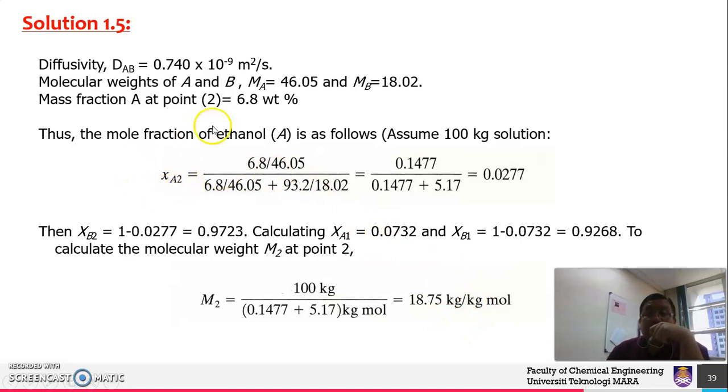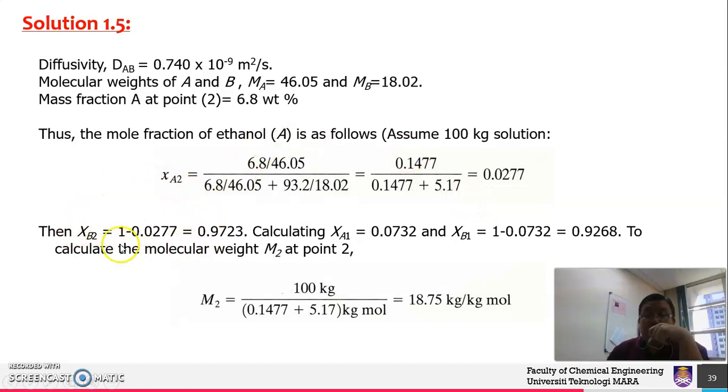For ethanol we just divide the mass by the molecular weight of ethanol, and the rest is water, of course, so we divide by the molecular weight of water, and we get the mole fraction of ethanol.